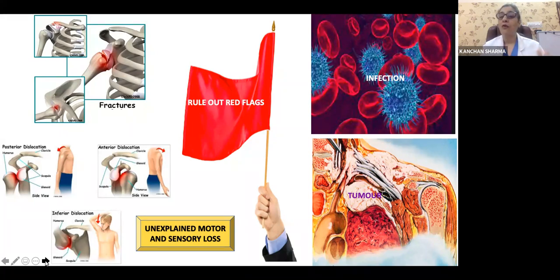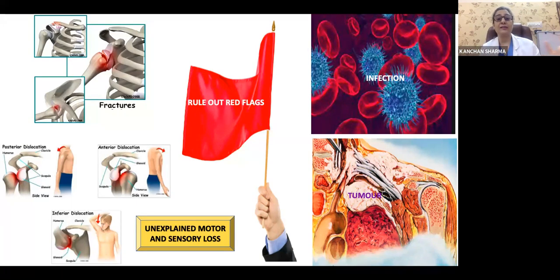We should not be the ones treating them, right? We should be sending them to our colleagues. Like, if a patient who has sustained a trauma is having a fracture, obviously, as a chronic pain physician, we are not going to deal with that. If there is a dislocation, we are not the ones to reduce it, right? If there is an infection, septic arthritis, we are not the ones to treat them.